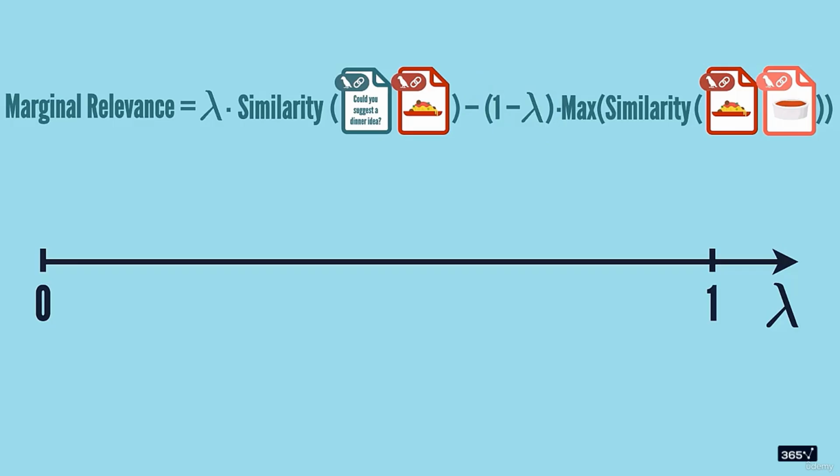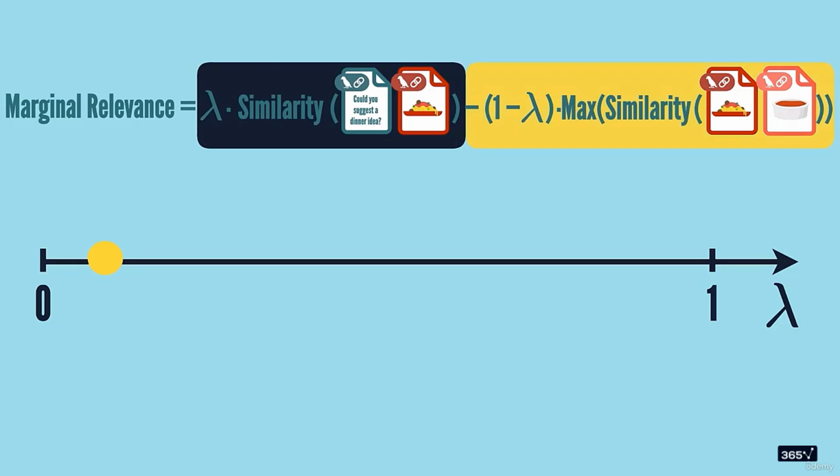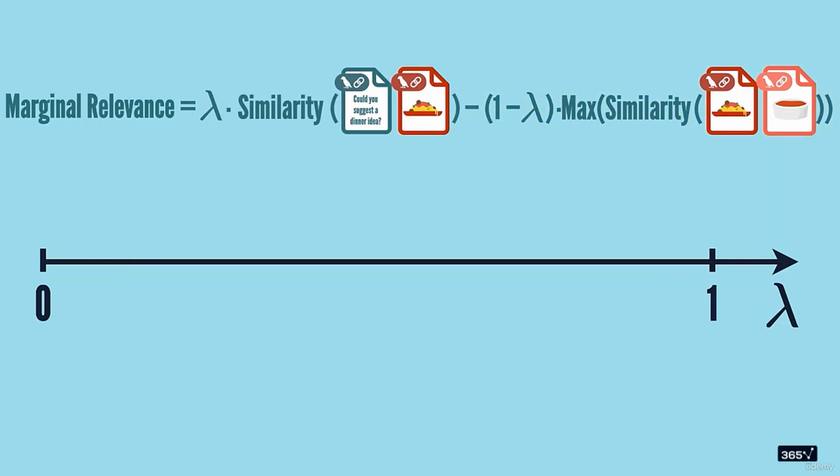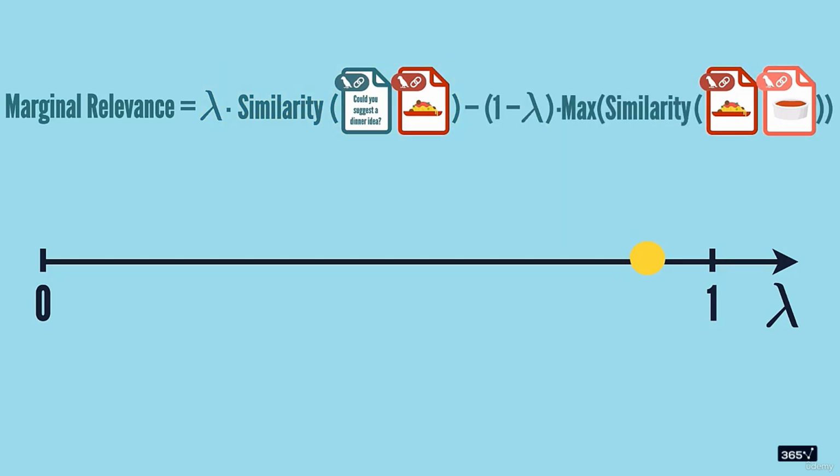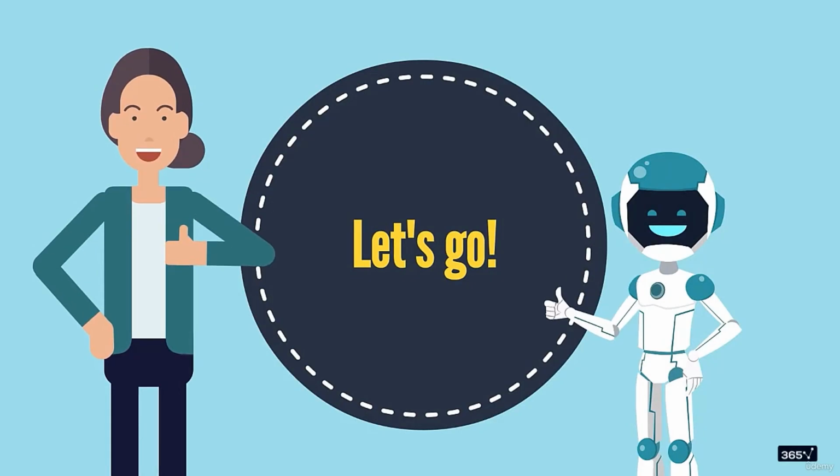We can infer that a value of lambda closer to 0 diminishes the first component and puts more emphasis on diversity. On the other hand, a value closer to 1 reduces the diversity among the retrieved documents, concentrating more on relevance to the query. Therefore, if we vary this parameter, we're effectively choosing which is more important to us, how relevant or how diverse the answers are. Okay, enough with the theory, it's time we see it in action.